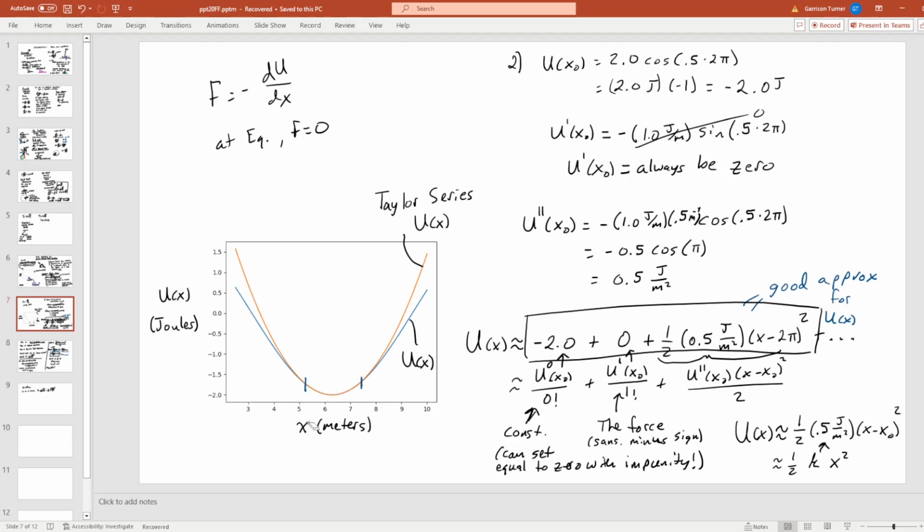So if you can find a small enough region where your function is approximately polynomial or quadratic, that's as high as you need to go, and that automatically gives you a Hooke's law form for your potential energy function. Okay?